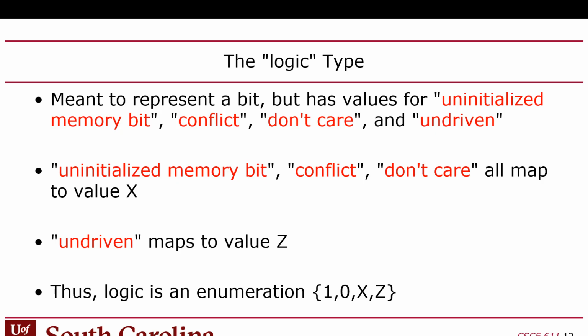For example, in VHDL, you can have a signal coming from a memory element that has not been initialized. In other words, it hasn't been reset or set yet at this point in time when you're looking at it.